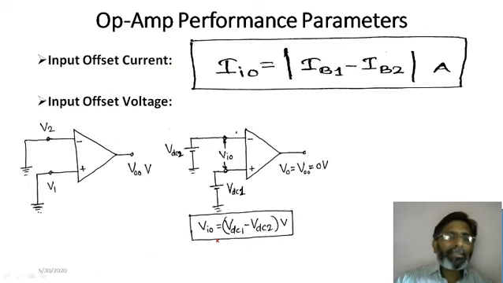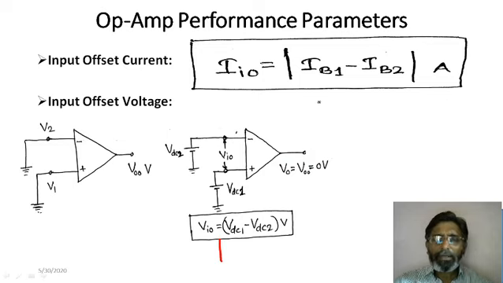Then the next is the input offset current. Now what is input offset current? Basically, we have seen that both the transistors Q1 and Q2, while choosing, we choose them as identical. But the practical limitation is that Q1 and Q2 cannot be the same.